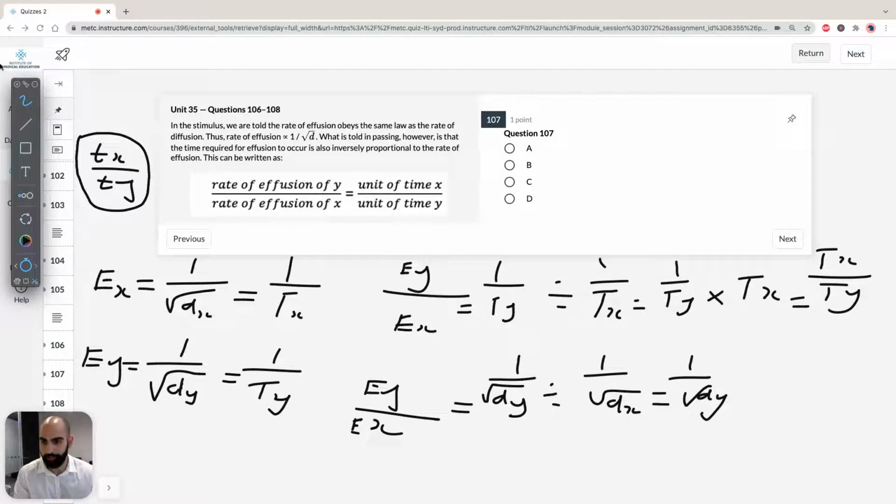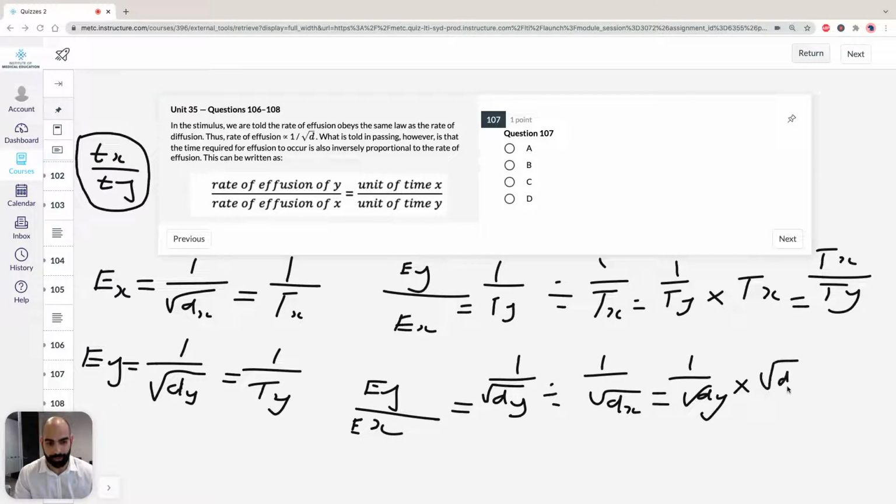So what we're going to have here is 1 over dy, the reciprocal of 1 over square root dx, is going to be times square root dx. So therefore it's going to equal square root dx over square root dy.